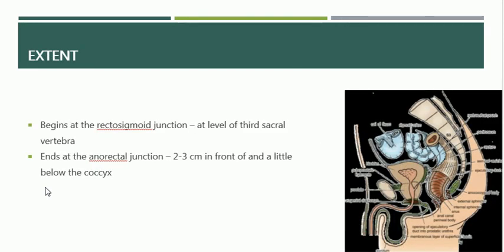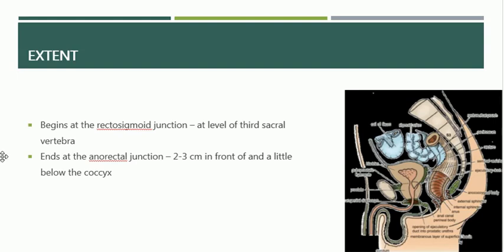So what is the extent of the rectum? It begins at the rectosigmoid junction, where the sigmoid colon ends and the rectum begins, which is at the level of the third sacral vertebra.